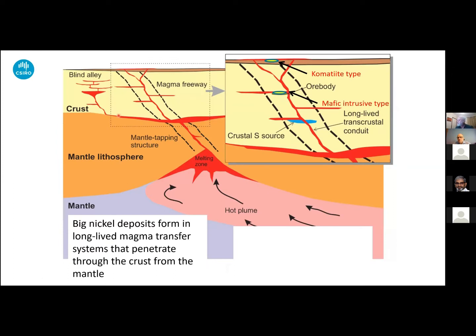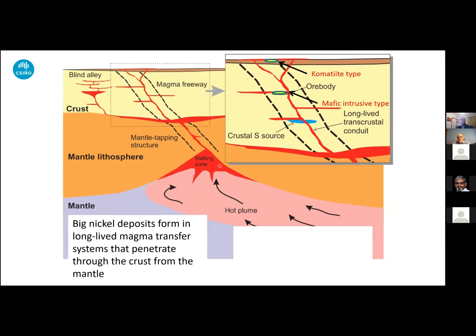And this is a big-scale, mantle-to-crustal-scale picture of a nickel sulfide mineral system, showing magmas generated in the mantle. In this case, this is a plume setting, in honor of this being a LIP group.